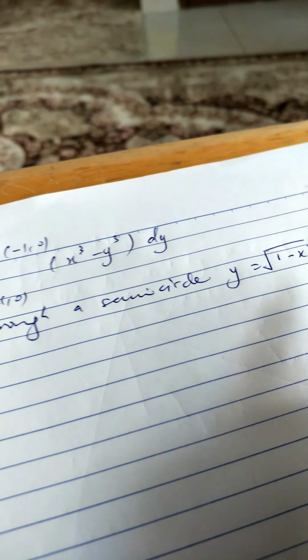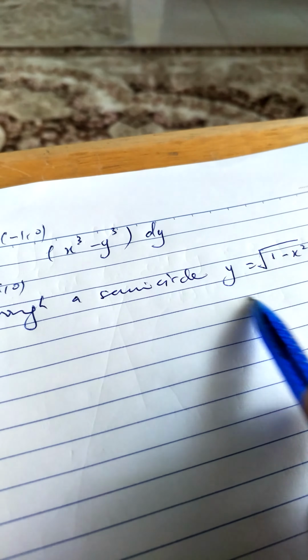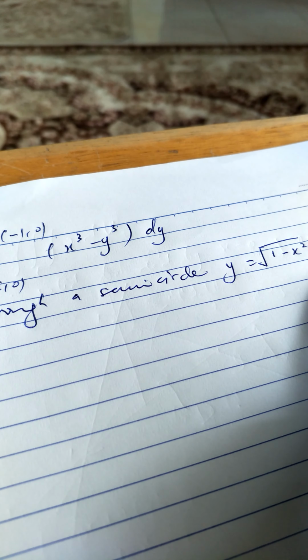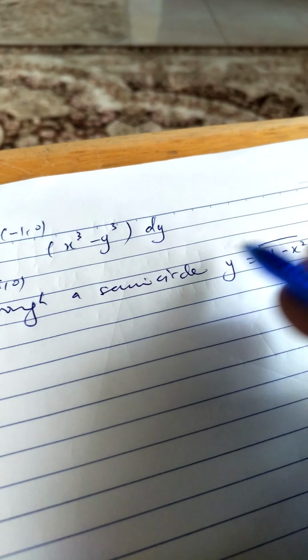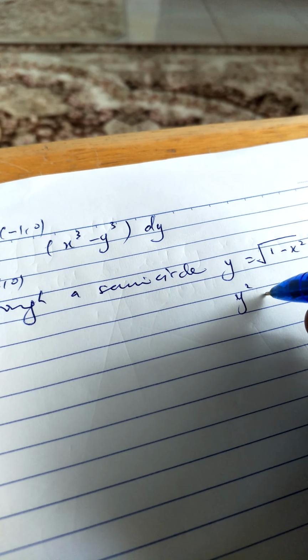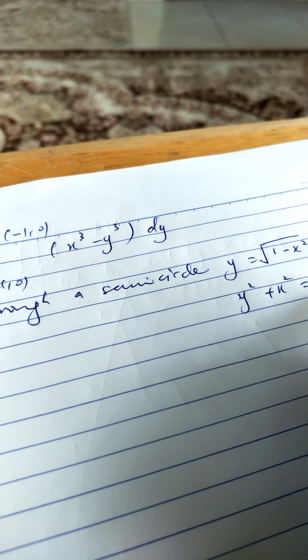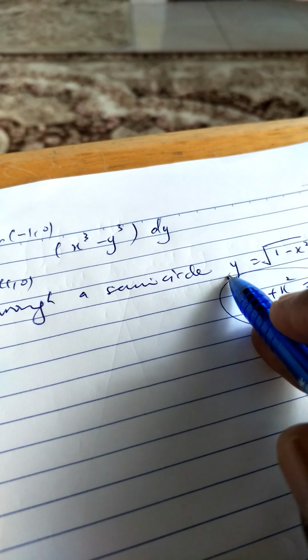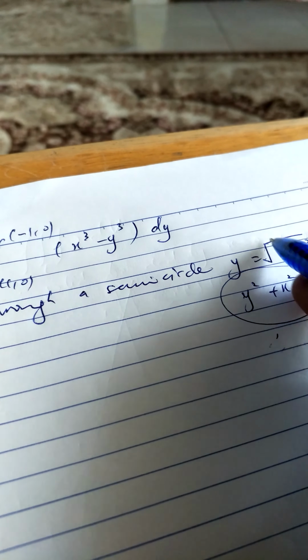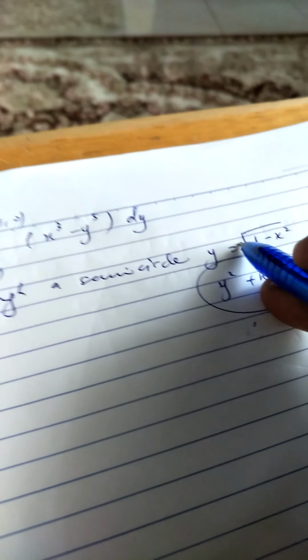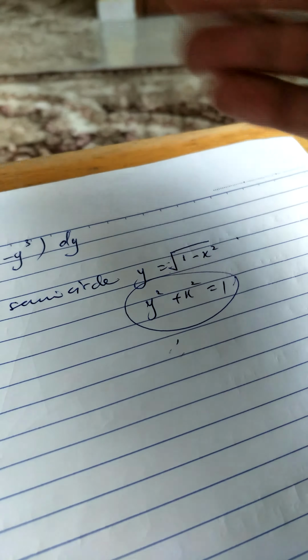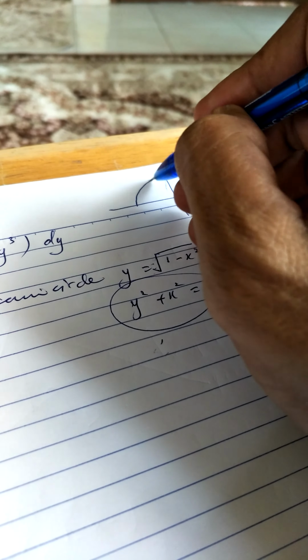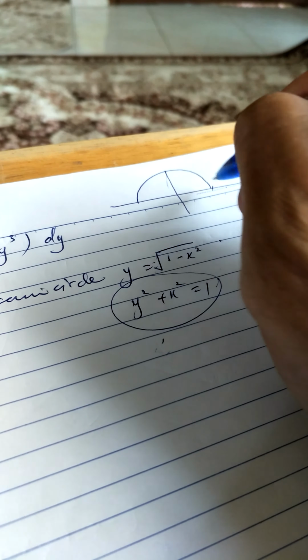So now what is our C? Look at this: if you square both sides, we have y squared plus x squared equal to 1. This is a circle, and when we take the square root, y is the square root of those things. It's supposed to be plus or minus, but we consider only the positive part. So this is a semicircle of radius 1.